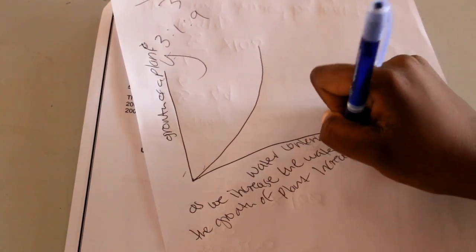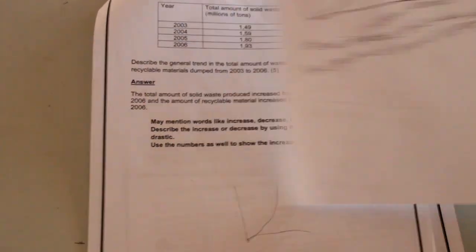Or maybe the rate of growth of the plant increases. So that's what a trend is. Or you can use terms like inversely proportional and directly proportional.